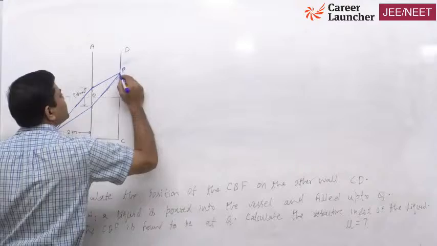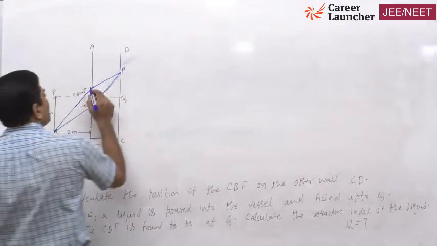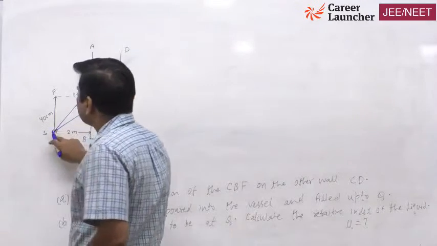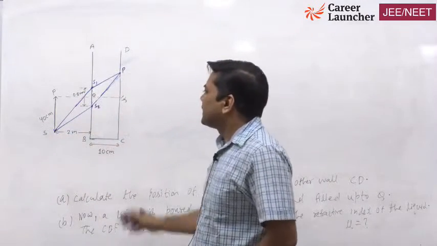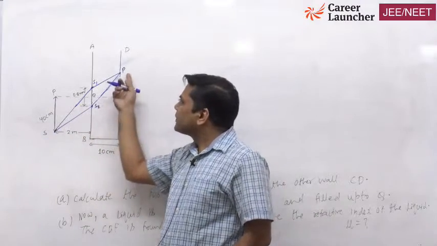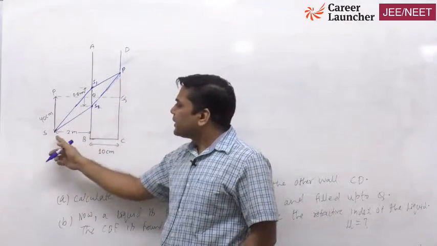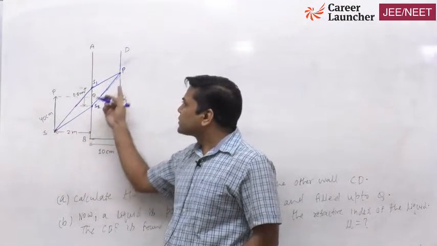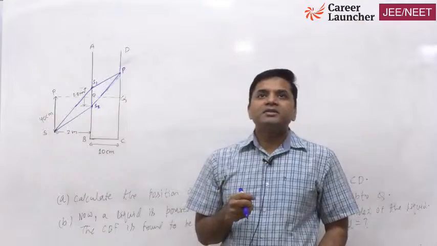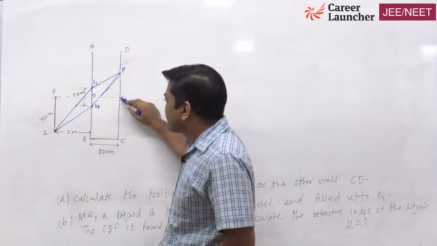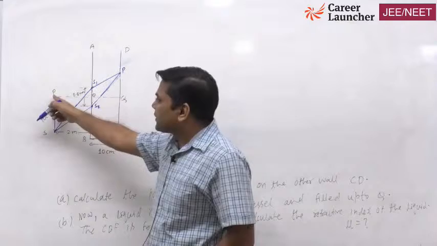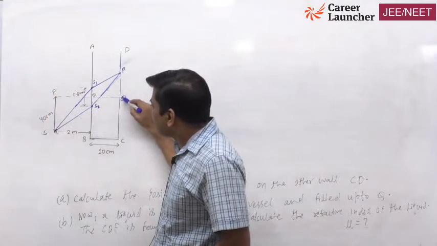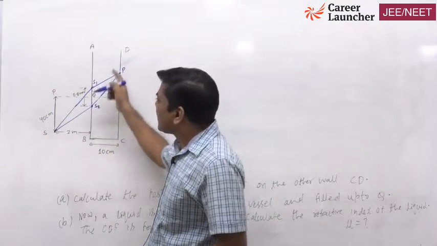So this is S1, this is S2, and this is the main source over here, and it is being pulled down, so P will go up, CVF will be somewhere here. You know that for S1, S1P and S2, S2P, the path difference is 0 because the CVF is shifted from here to here. If you keep it at the P position, the CVF will be at Q, but once you pull it down, it will go up.